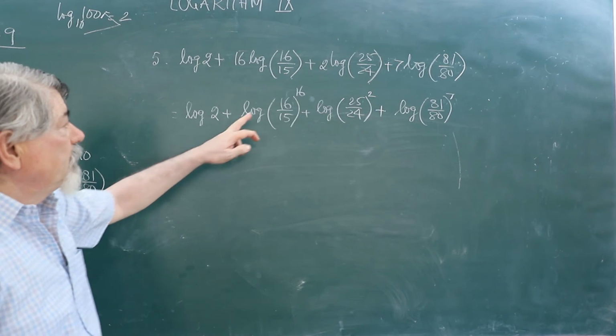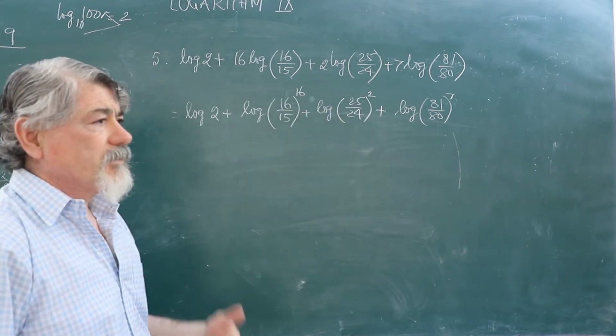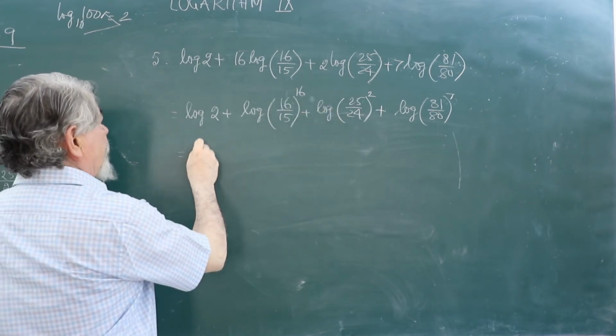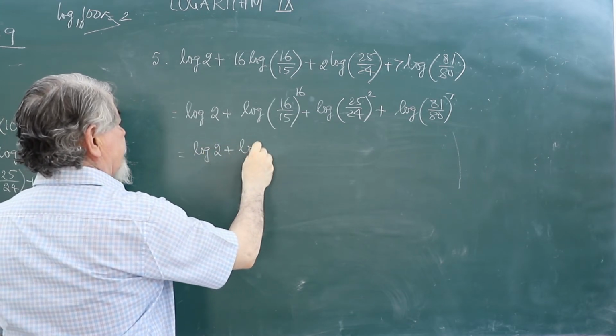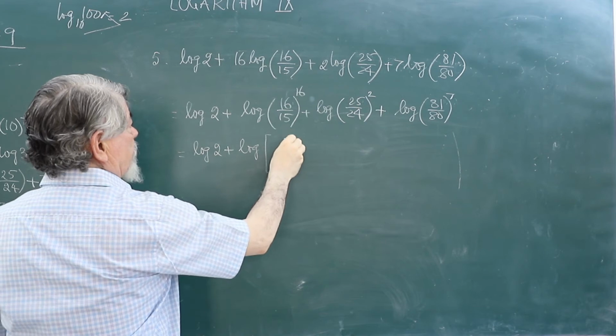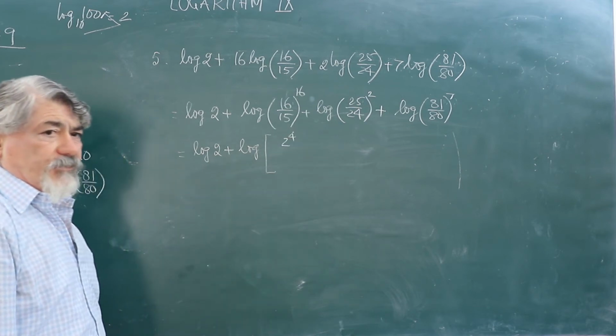Now let us change them to basic factors, prime factors. It will help you later. Log 2 plus log, 16 means 2 to the power 4. 2 to the 4, 2 to the 8, 2 to the 16.